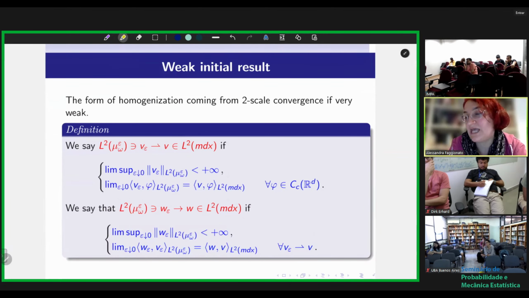So you can say that a generic V epsilon in this space converges weakly to V in a macroscopic space if this family is bounded, at least when epsilon goes to 0.